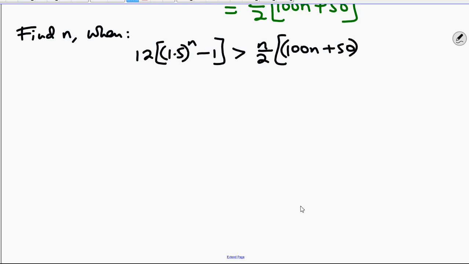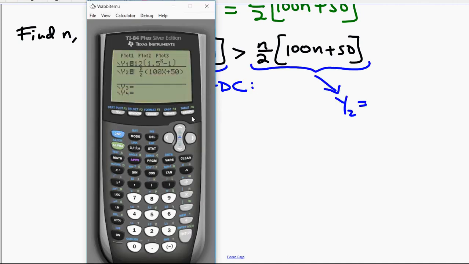Okay, we're going to use our calculators. You go to second table. Just by inspection, scroll down and see where y1 is greater than y2.